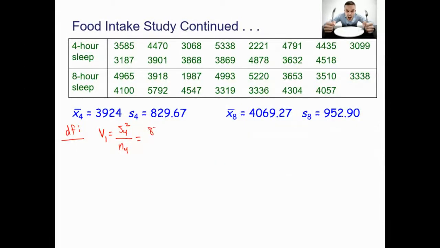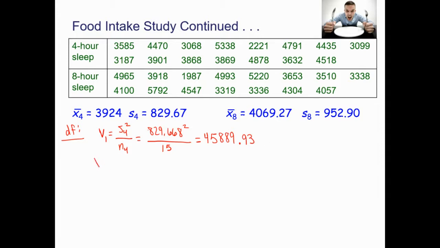So we said 829.668 squared divided by 15. So that gets us, I'm going to give you all that value for the sake of time, 45,889.93.